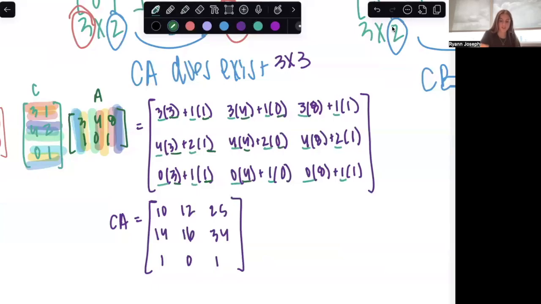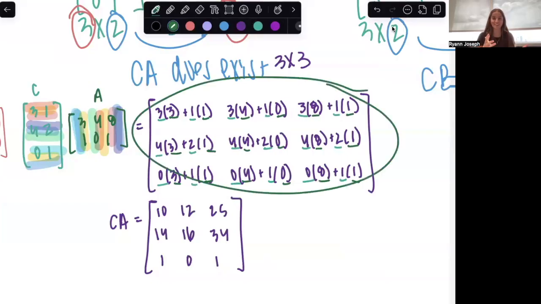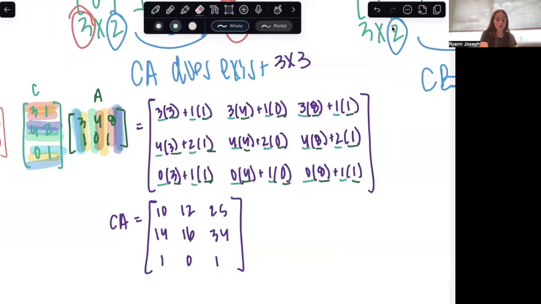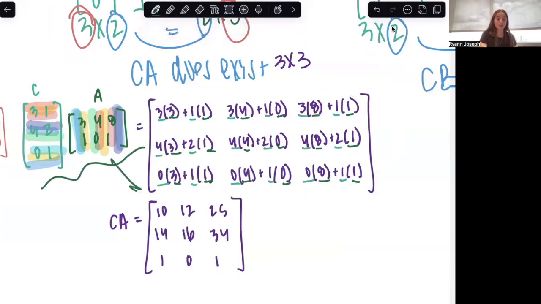One of my biggest recommendations for when you are doing matrix multiplication on a quiz or on an exam is write this intermediate matrix. Once you feel pretty confident with it, I feel like people have the tendency to just go straight from here to the result, but it is so easy to make an algebraic mistake here and just miss one addition, or multiply something wrong, very simple stuff that's going to catapult you into getting a very wrong answer.